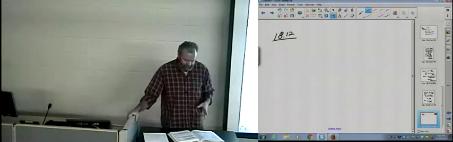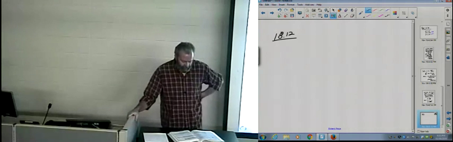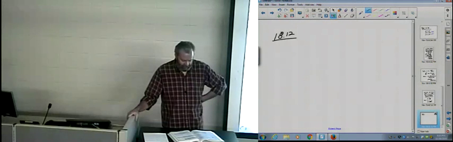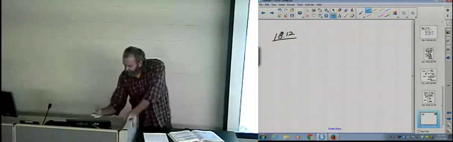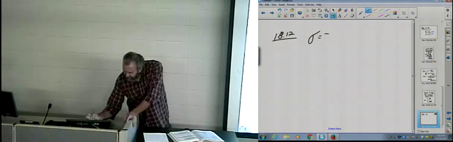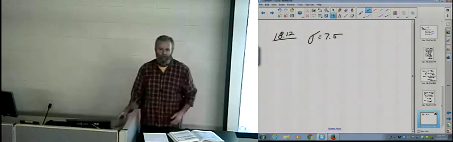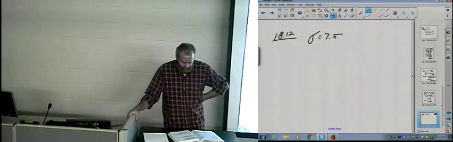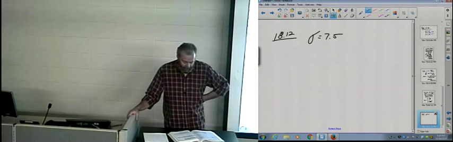It says, example 16.1 on page 375, assume that the body mass index, BMI, of all American young women follows a normal distribution with a standard deviation sigma equals 7.5. Okay. So my important part is that sigma is 7.5. Remember, the standard deviation had to be given to me. It says how large a sample would be needed to estimate the mean BMI mu in this population to within plus or minus 1.